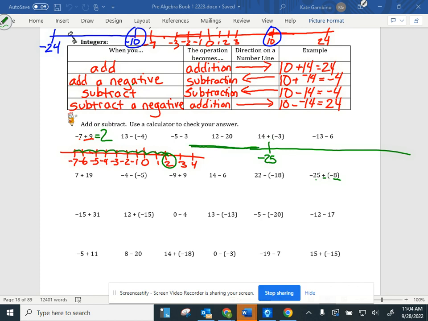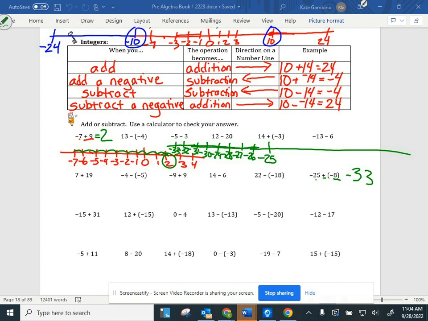So I'm going to go this way, and count it 8 times. 1, 2, 3, 4, 5, 6, 7, 8. So I know it's negative 33 because I counted it over on my number line.